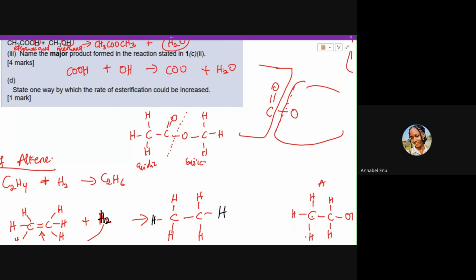Now if we are naming, we name the part that goes with the oxygen first. Okay, and this is just met because it's one carbon, right? Okay, and since it's the basic part, we'll call it methyl. And this other part, okay, we see it's two carbons, so we call it ethane, right?